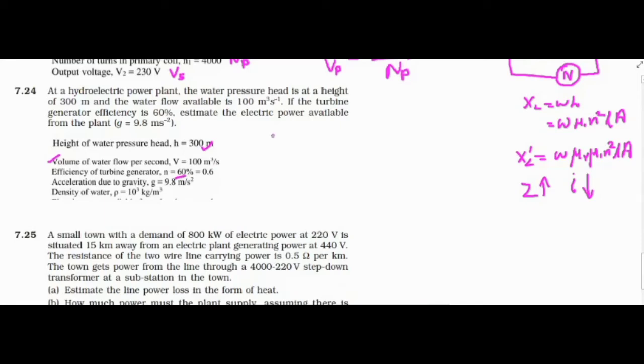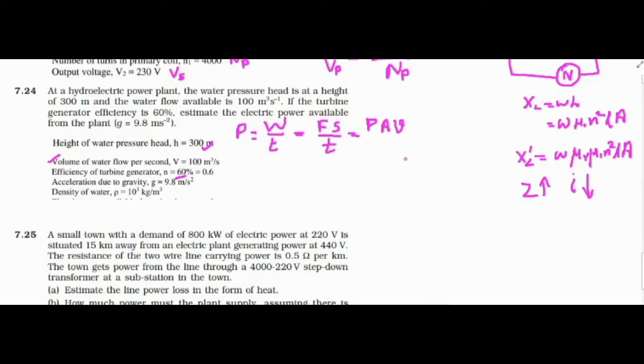Take g as 9.8. So we have the power formula, P is equal to work upon time, and here work we can take as force into displacement divided by time. Force means pressure into area, while S by T gives the velocity.